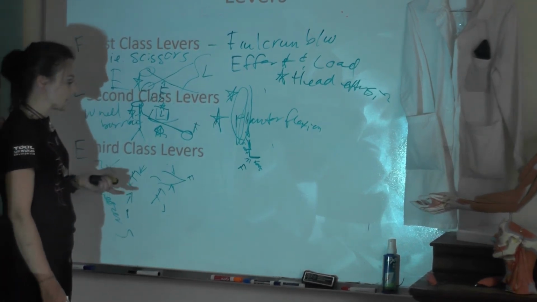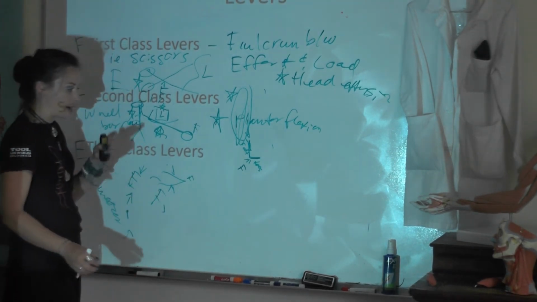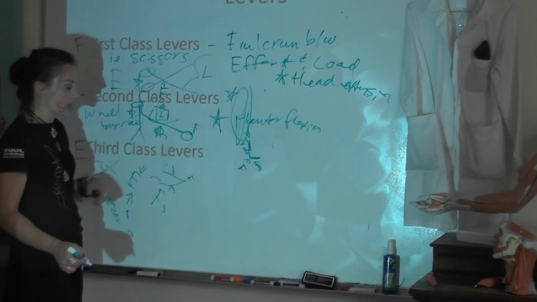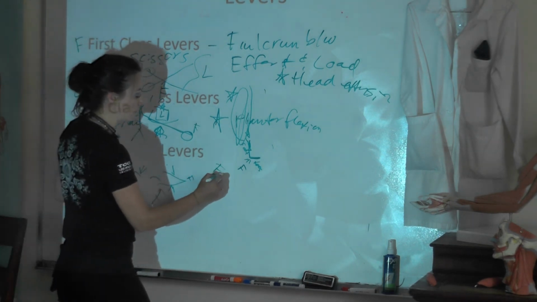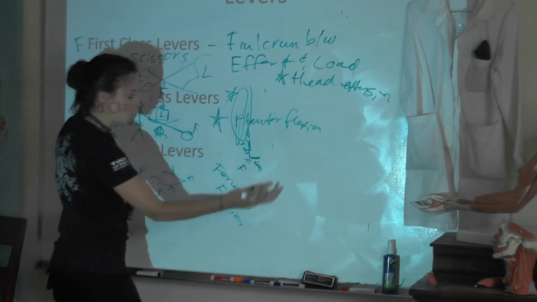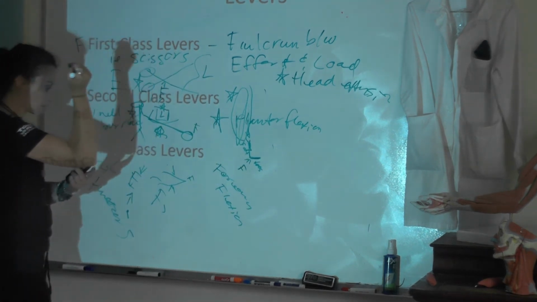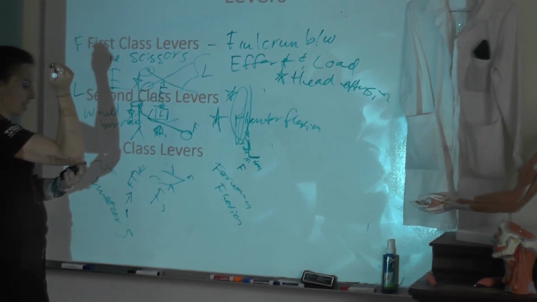In your body, the example that's kind of hard for people to wrap their head around, especially after looking at this, is actually forearm flexion. So when you flex your forearm, the fulcrum is right here on one end.